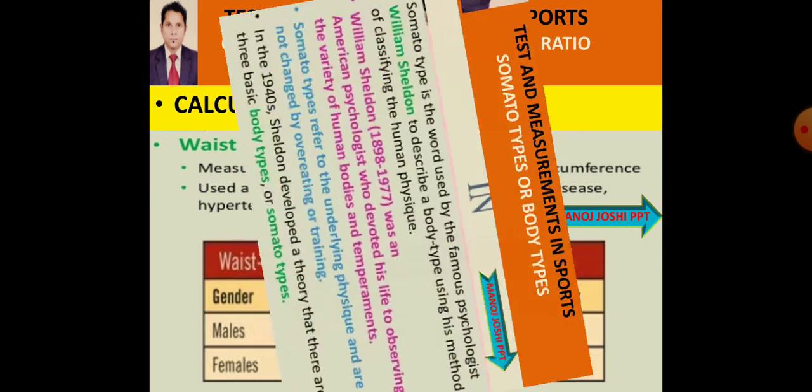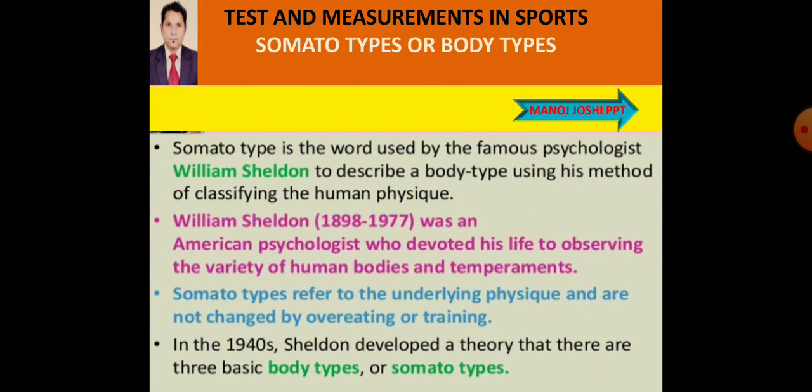Now we'll come to another topic, that is somatotypes. The somatotypes were given by William Sheldon, the psychologist, and they tell about the different types of bodies. There are different body types among the people, and we will discuss these body types in this somatotype.